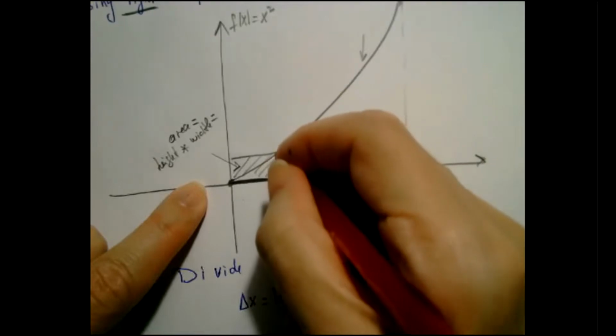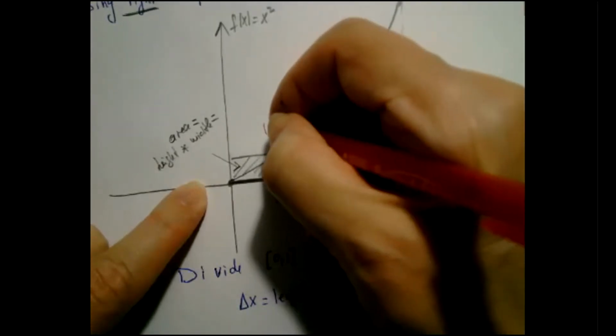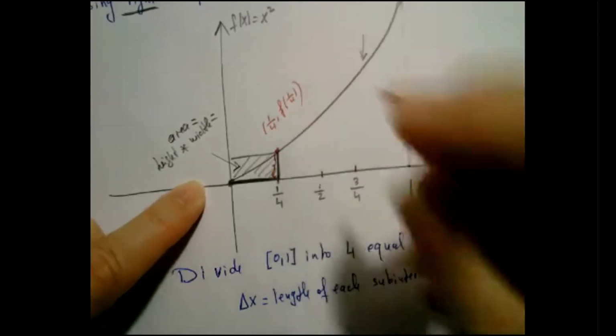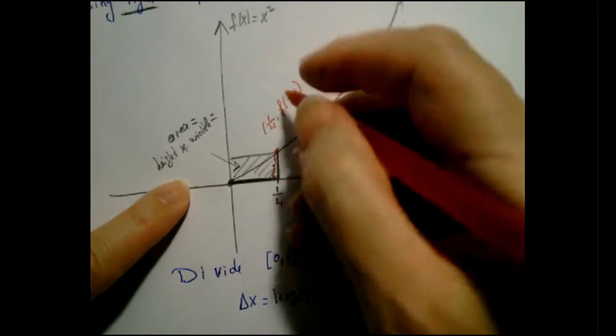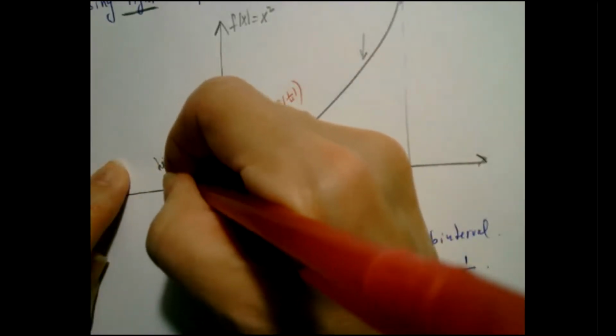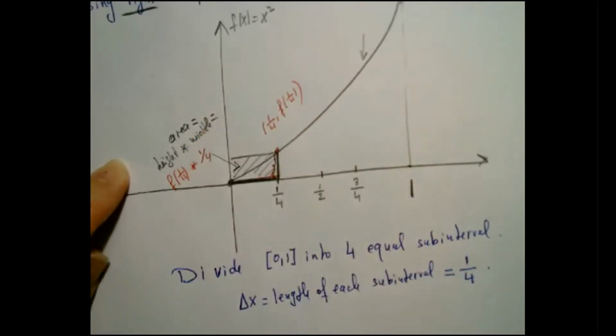The height is from here to here. And this point here is nothing more than the value of the function at 1/4. So the height is the value of the function at 1/4 times the width, which is my little delta x here, which is 1/4. So that's the area of the first rectangle.